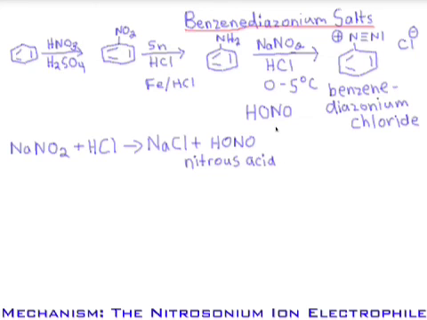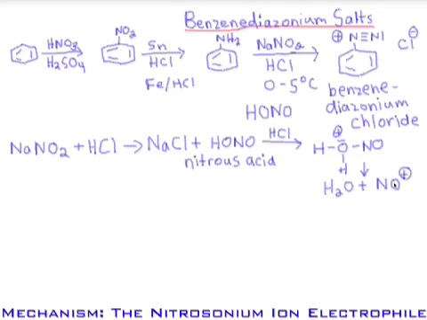We can then take the nitrous acid and react it with another HCl molecule. If we do, we can protonate the HO group, producing the good leaving group water. So this can readily fall apart, yielding water plus NO plus.